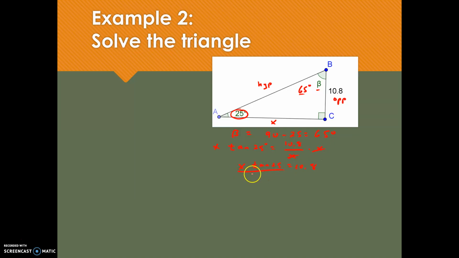Divide by tangent of 25 on both sides. Those cancel, and we would have x equals about 23.16.